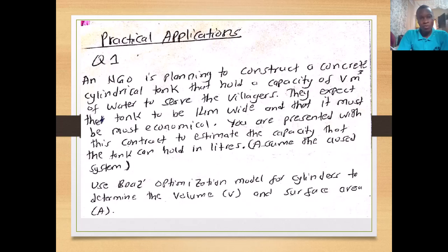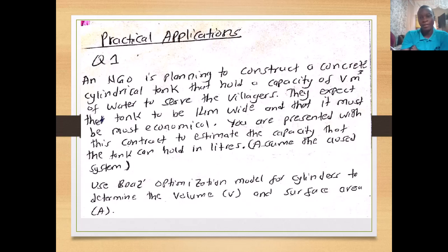So question number 1 on practical application: we have an NGO planning to construct a concrete cylindrical tank that can hold a capacity of V cubic meters of water to serve the villagers. They expect the tank to be 14 meters wide and it must be most economical.